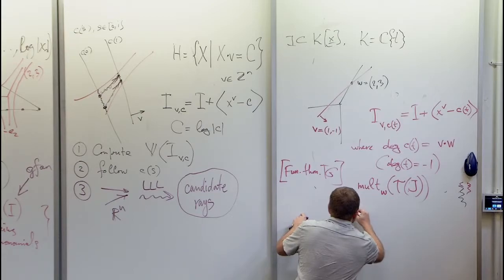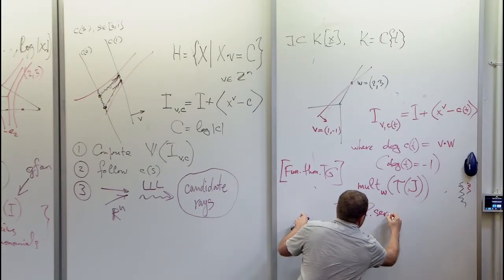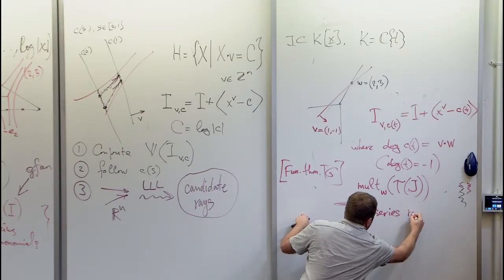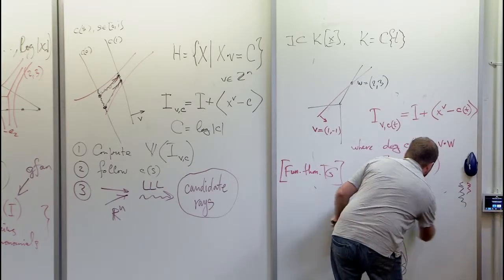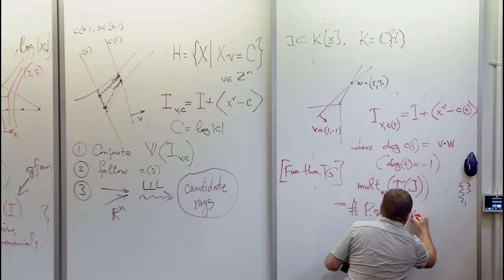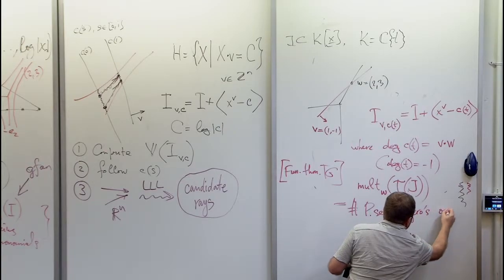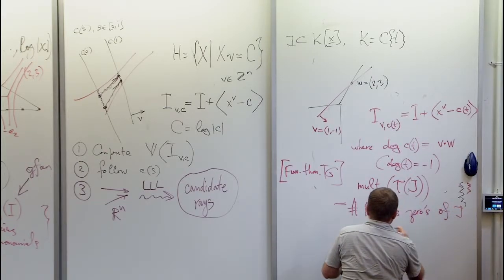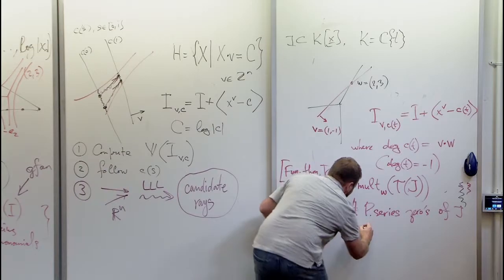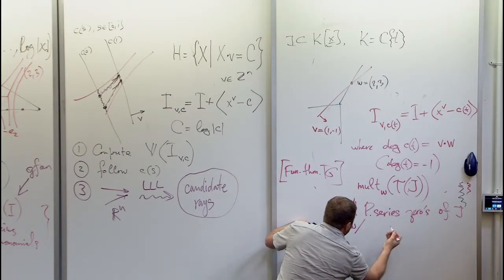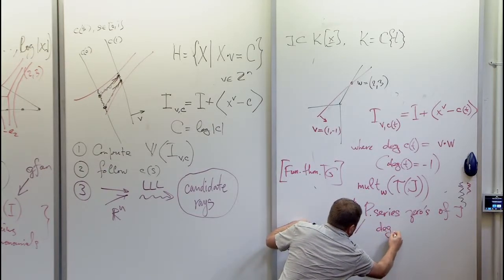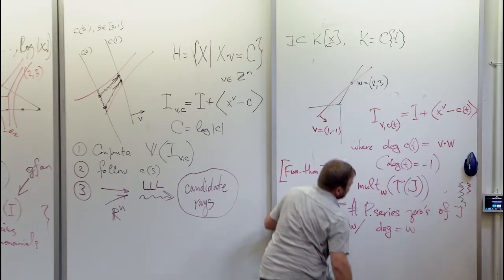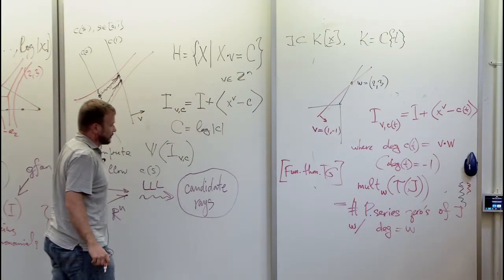So this is the number of Puiseux series roots, zeros, I should call it zeros, of J with valuation with degree equal to w.